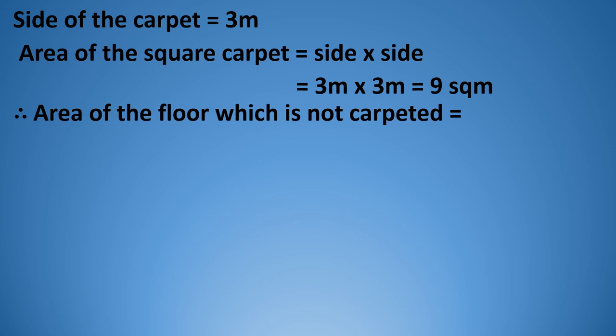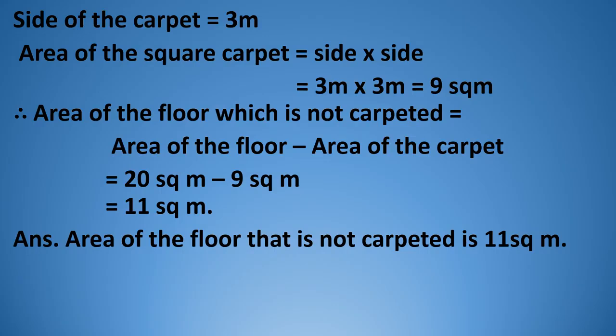Okay. Now you have both the areas, area of the floor and area of the carpet. We have to find out now the area of the floor which is not carpeted. So area of the floor which is not carpeted is equal to area of the floor minus area of the carpet.